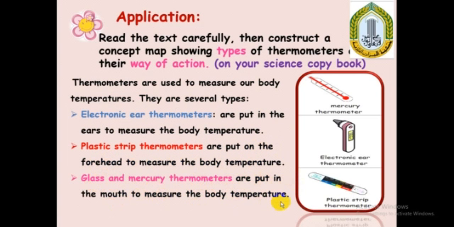So again, let's see the question. Construct a concept map showing types of thermometers. So how many types do we have? So how many arrows do we need for the main topic? And then we have to write also their way of action. Can you tell me what are the keys for your concept map? Let me remind you of something.